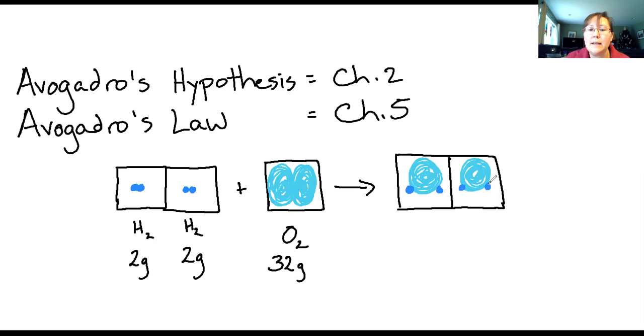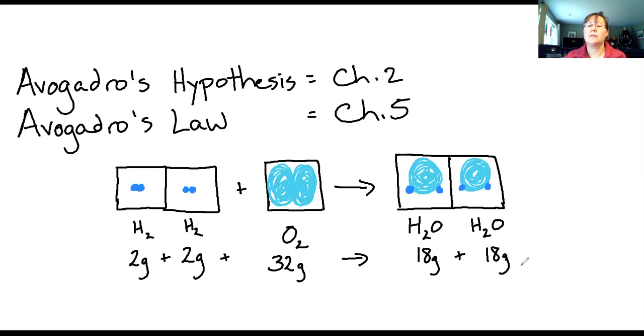So now we have an H2O and an H2O, and this one is 18 grams, and this one is 18 grams. Now, remember that law of conservation of mass, right? Here I have 36 grams, and here I have 36 grams.